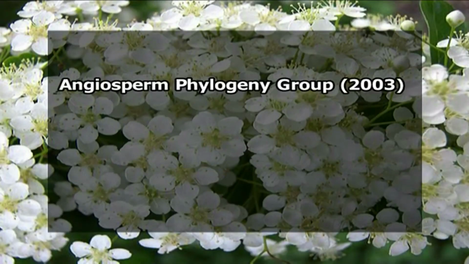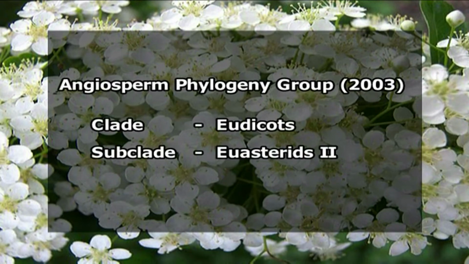Very recently, the Angiosperm Phylogeny Group, who have given a phylogenetic classification, recognize the Apiaceae family under the clade Eudicots, that is, eu means true dicots, then under the subclade Euasterid II, and the order Apiales.